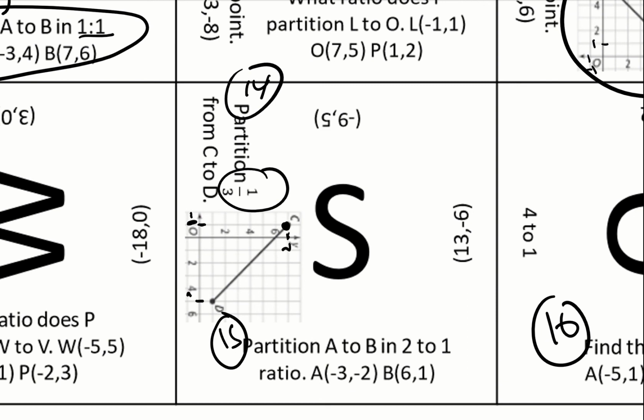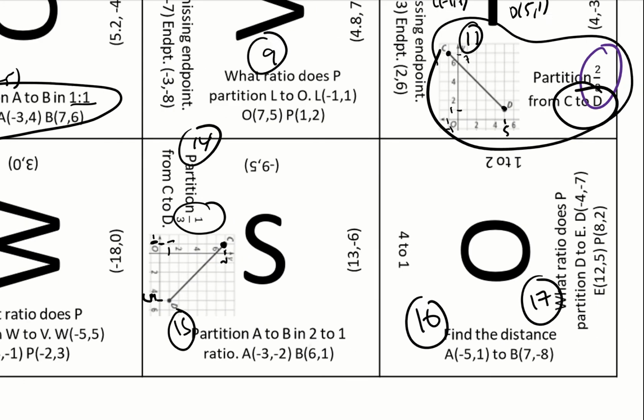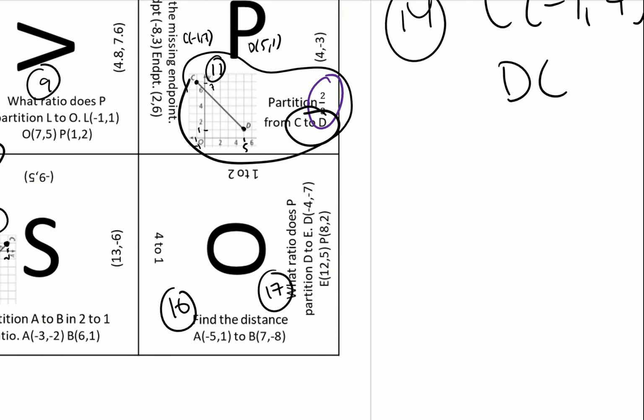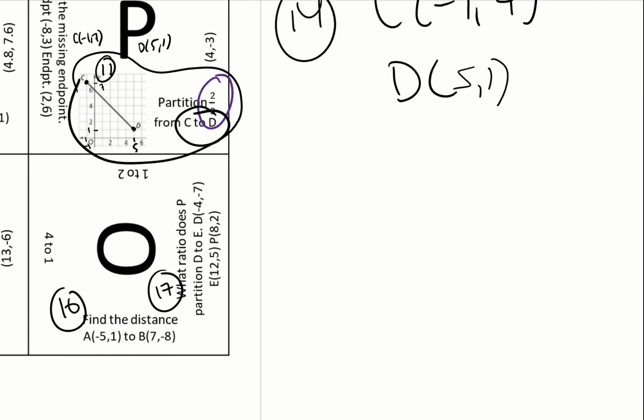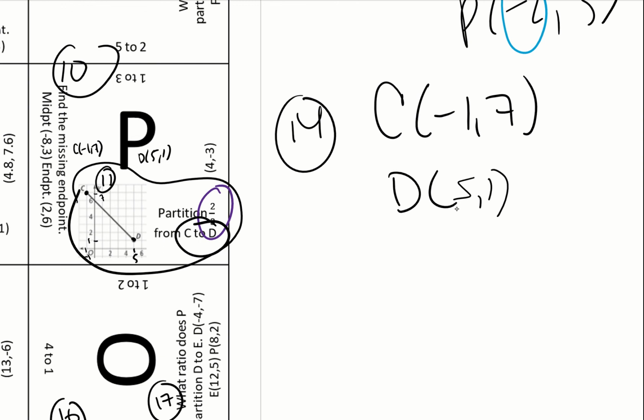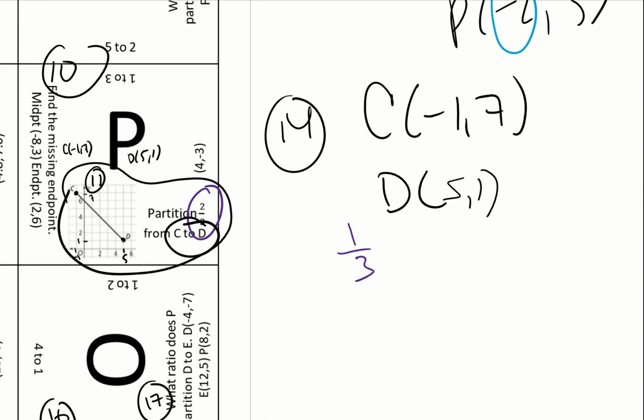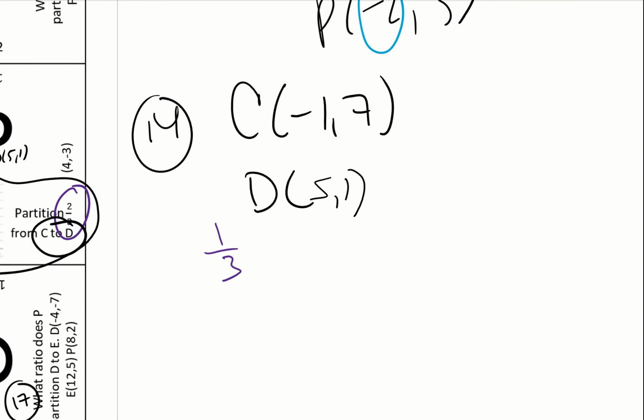D is 5. That's a 5 and 1. And we want to do a 1/3 ratio. Okay, so it says we're going from C to D. So D is final and C is initial.